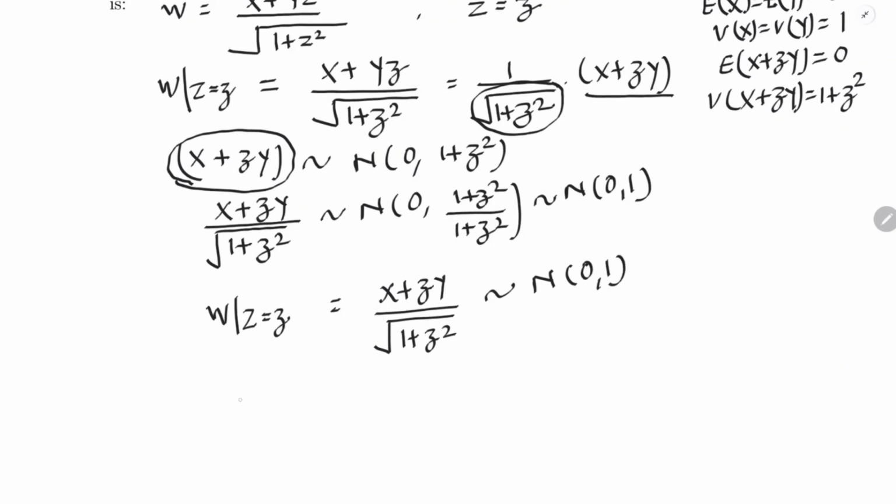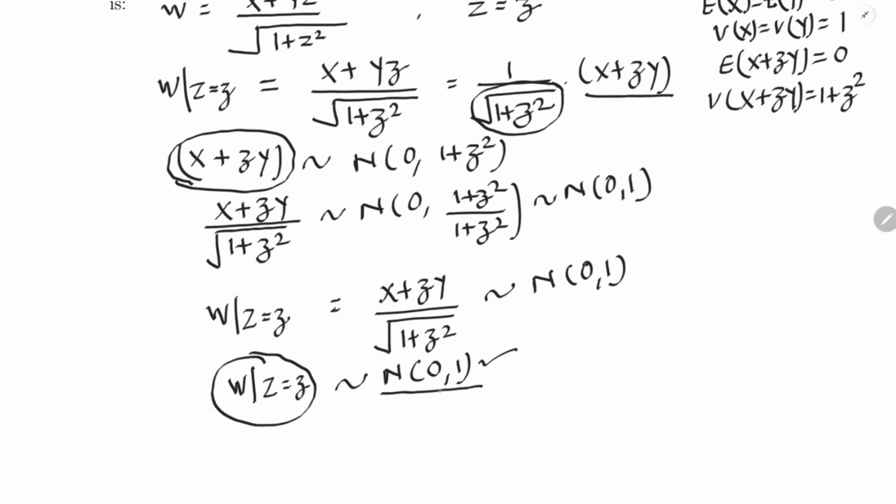So this conditional distribution of W follows a normal distribution 0, 1, and we can notice one thing here: the conditional distribution of W does not depend on Z. In the parameters of the normal distribution, the mean is 0 and the variance is 1. There is no involvement of z in the parameters.